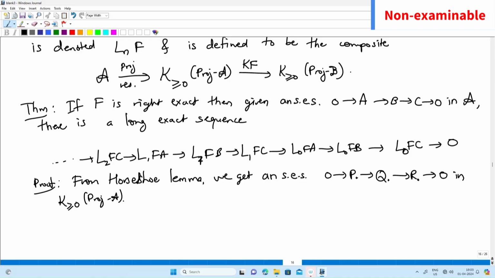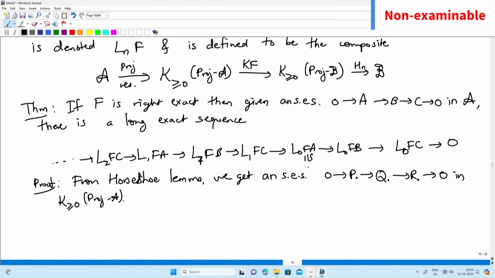Last, what is missing? The diagram is defined to be the composite near the top. Oh, right, H_n to B. Yes. Okay. Thank you. So this is a short exact sequence. Therefore, you apply the long exact sequence of a theorem that we proved at the beginning of this lecture to this sequence, and then you get this.